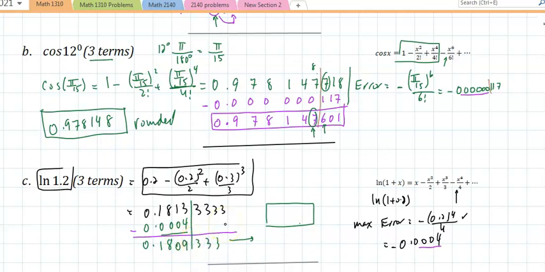So here I would notice that the original was 0.18133, the approximation. So what changed? I notice this number is no longer accepted. So I would say it's 0.18 for sure. Since I know that's the cutoff, I'm looking at this number. If I round this, that's a 1. So anytime you round, you will have to say rounded. And that is the maximum error, and that's pretty much it.